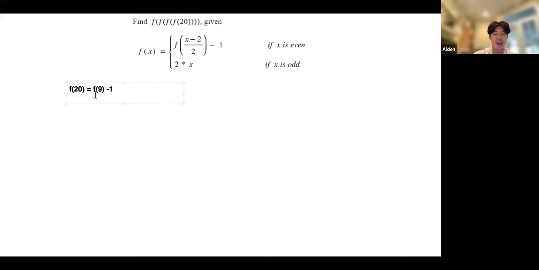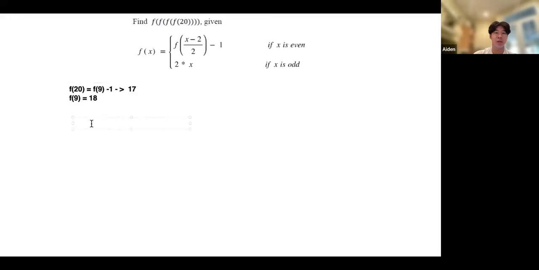Now f of 9 is odd, so this is one of the base cases. So f of 9 is equal to 18, since 9 times 2 is 18. And so once you know that f of 9 is 18, that means that f of 20 is equal to 18 minus 1, which is 17.